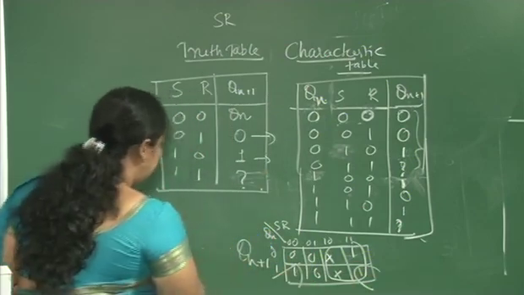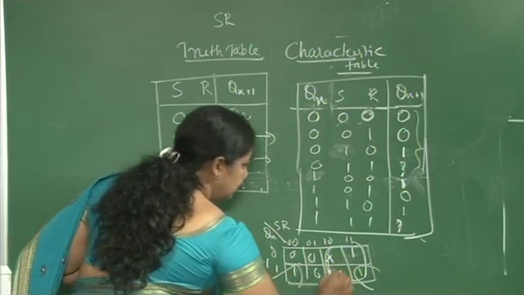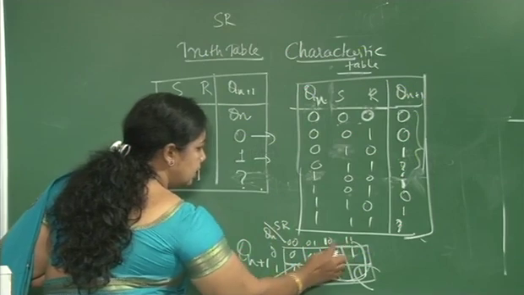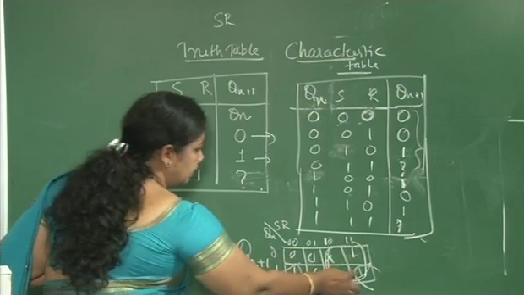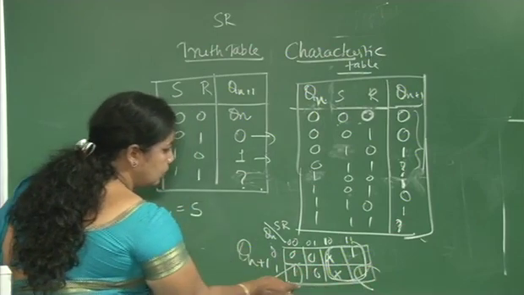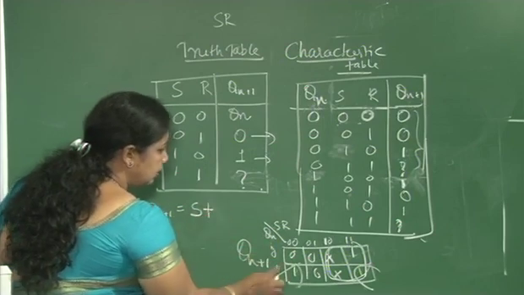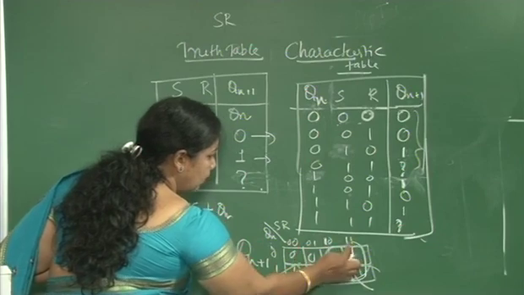So I will get the equation now: Qn plus 1 is equal to... If I take S, S is common, R is changing, so I will consider only S. Here, if I take up this 2, Qn S or Qn, which is common over here.